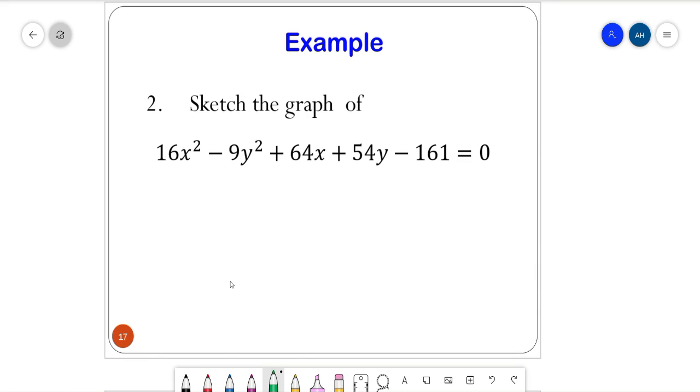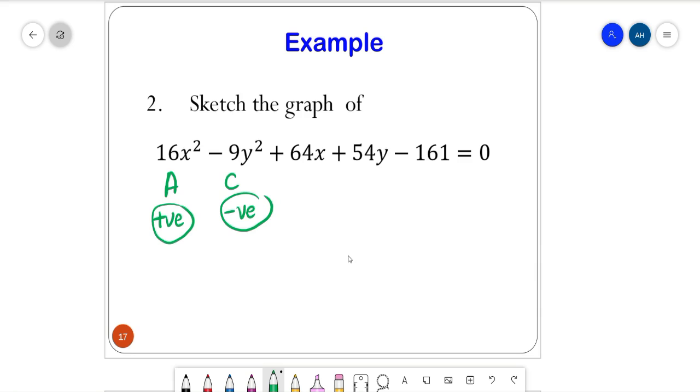The only thing that we know is that the value of A, here is A, and here is C. A is positive, and C is negative, A and C having opposite signs.